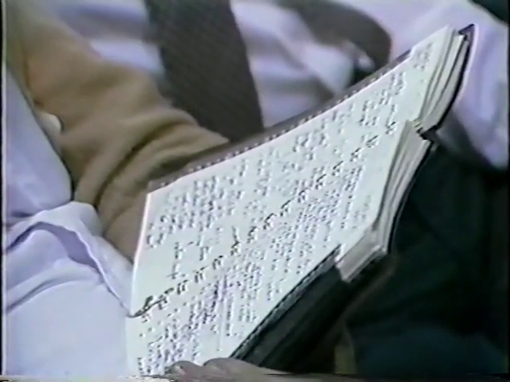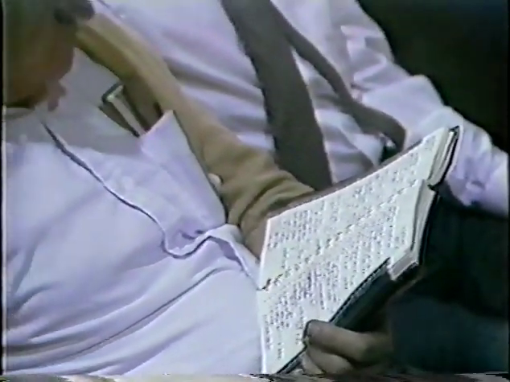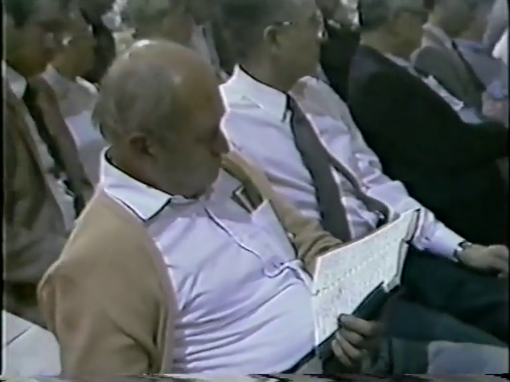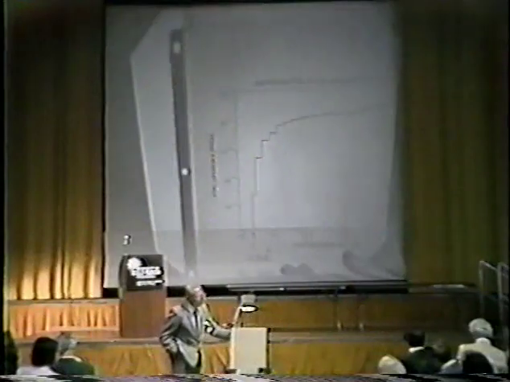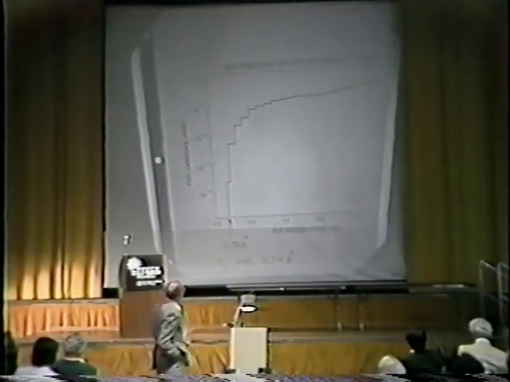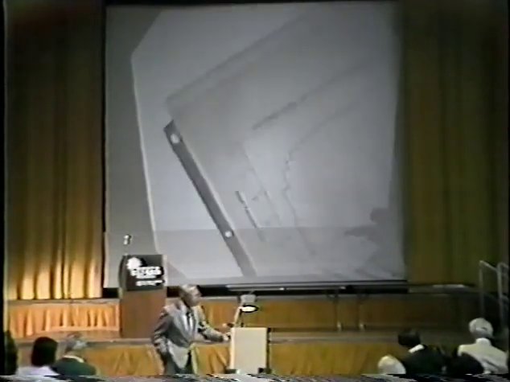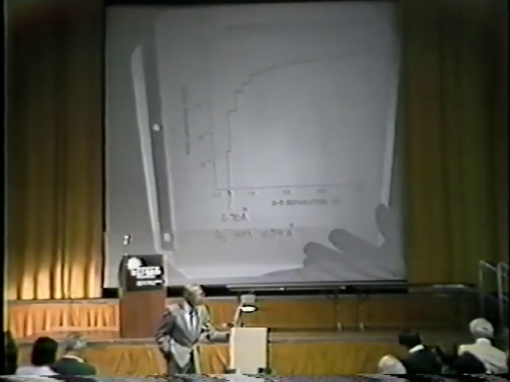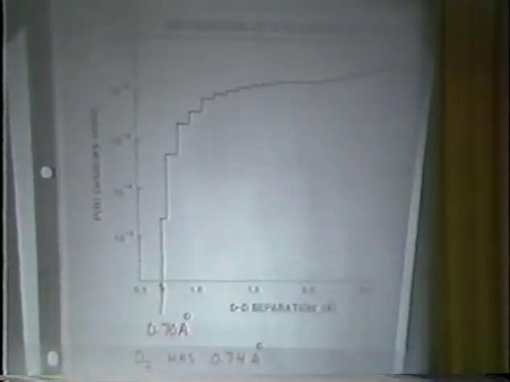Now, if one goes to higher temperatures, then you do get closer approaches, as one might expect. In this case, for 1300 K, one sees distances down to about 7/10 of an angstrom. These are in 1/10 angstrom bins.